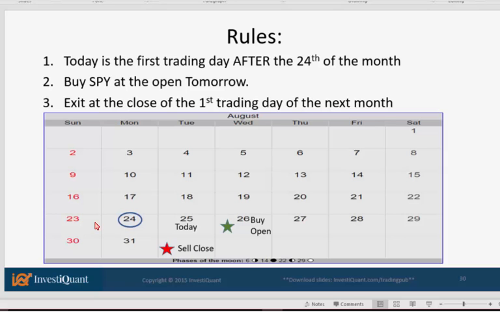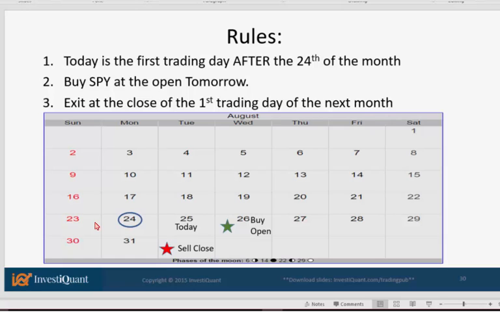And so I was thinking about that recently, and I went and created a little strategy that looks to buy near the end of the month and then sell at the beginning of the new month. There are several reasons that this may work well.